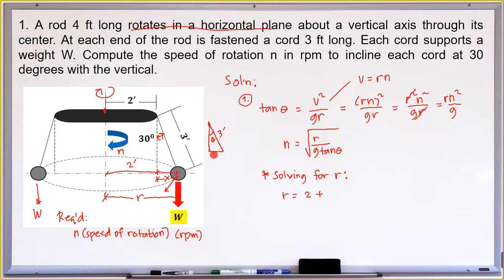This is theta, which is 30 degrees. We can use the sine identity: sine of theta is equal to opposite over the hypotenuse. Therefore x is equal to 3 sine of 30 degrees, so R is 2 plus 3 sine of 30 degrees.